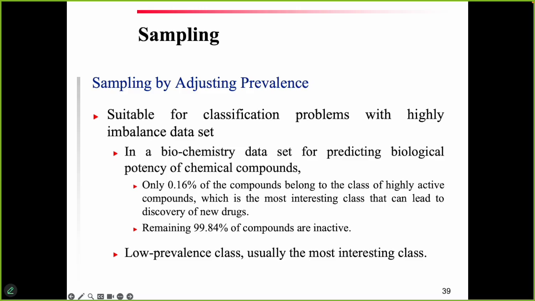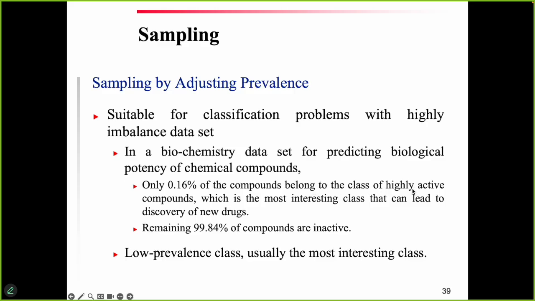No. Why? What is the problem with doing random sampling here? It will probably be very skewed. Yeah, you may not cover it, right? The data is imbalanced, so you have class labels, and your samples are, for example, 99.84% belonging to the inactive class label and only 0.1% belonging to the active compounds, right?